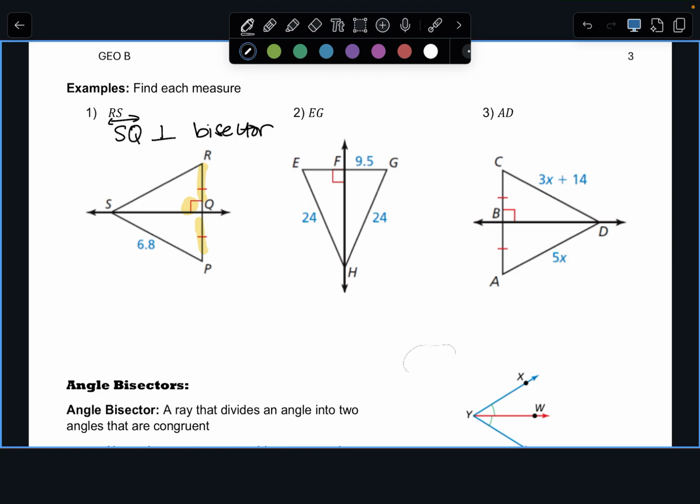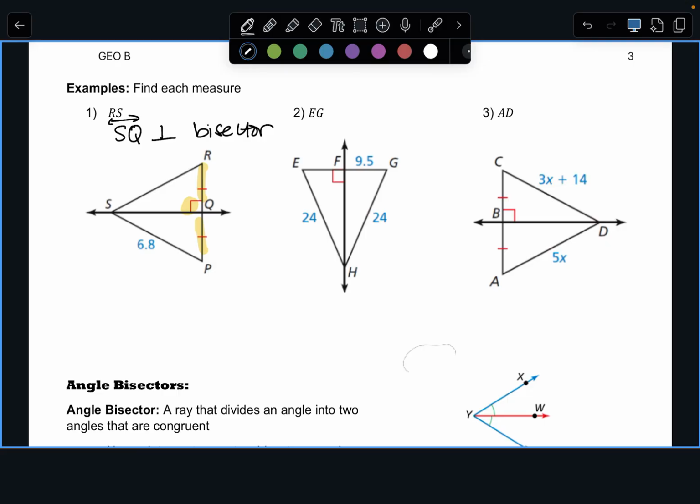So that means all those theorems that we just learned about work. They're true. Okay? So if I have a perpendicular bisector, I have not only these two congruent segments because of my midpoint, but what other two segments are congruent? RQ and PQ, yes, from the bisector part.